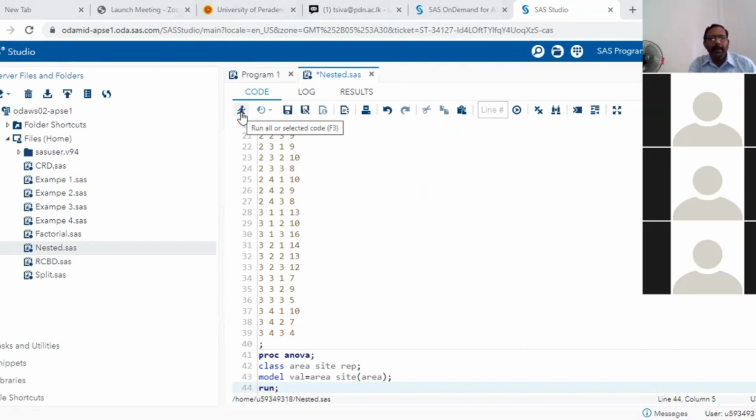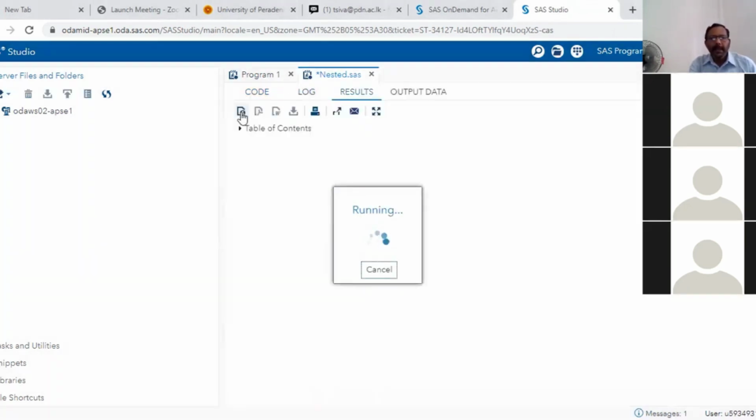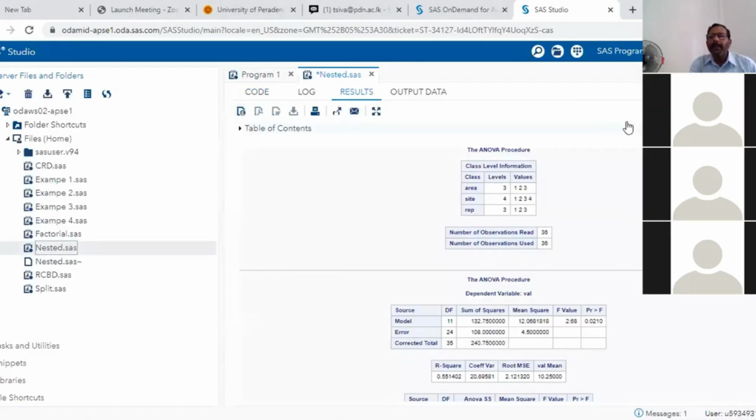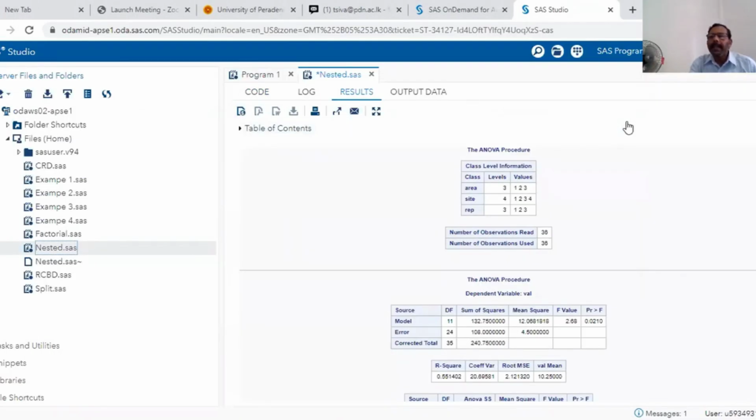Okay, right. I will run the program and see. This is the first step that we have to do. Maybe the other steps I will show you later. In the first step, we have run the program. This is the primary information: area, site, and the replicate. Everything is fine. The total number of observations is there.